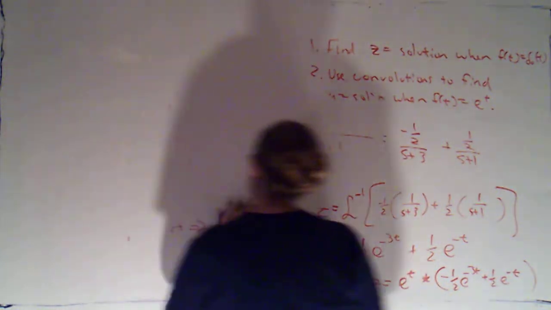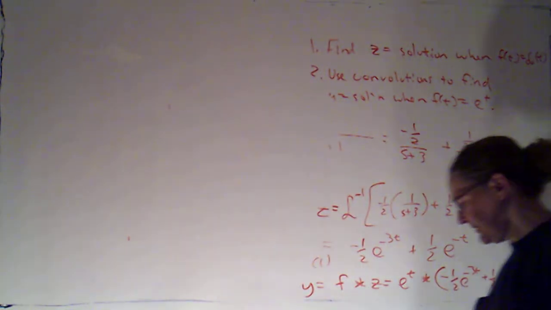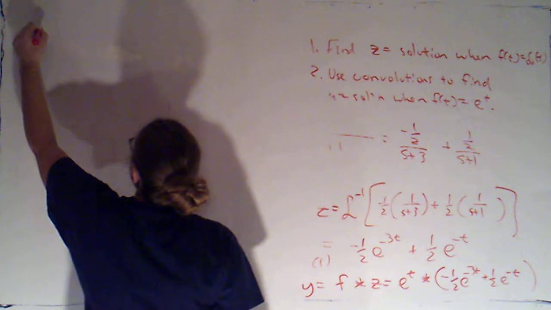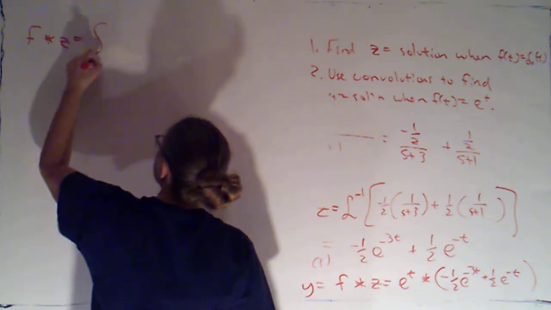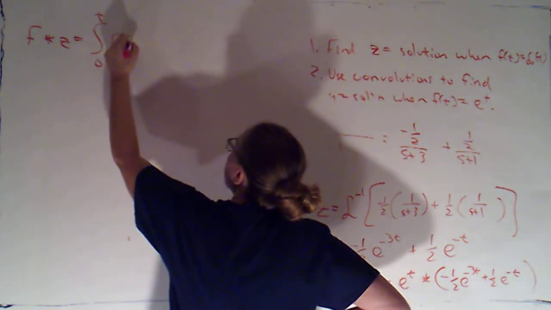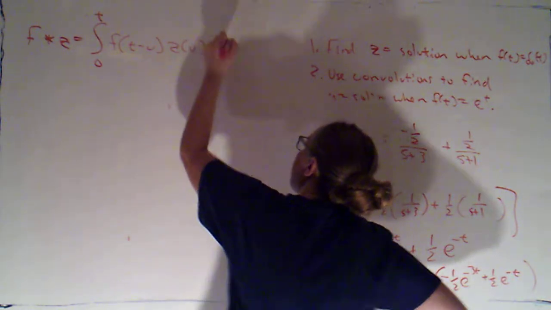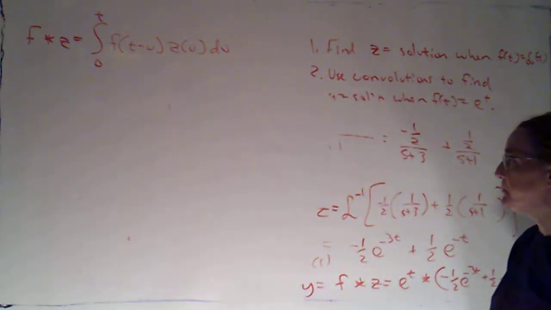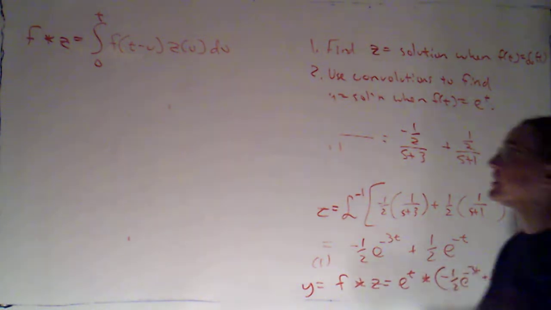Okay, now when I'm working with a formula as convoluted as the formula for convolutions, I find it helpful to just write down the formula first and then plug into it. So it's the integral from 0 to t of f evaluated at t minus u times z evaluated at u du. Okay. So here I'm letting f be just my exponential function.